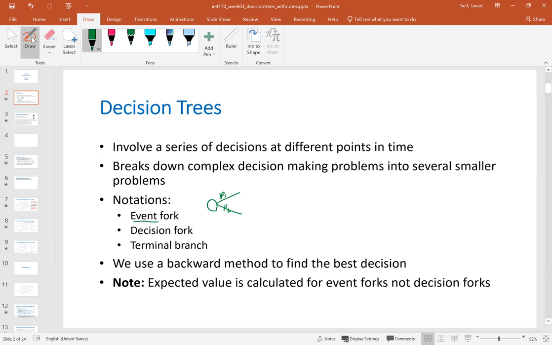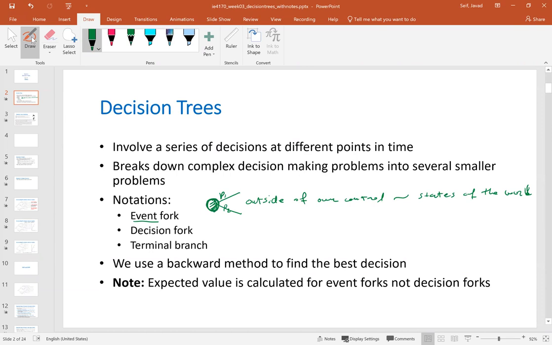These events are outside of our control, similar to states of the world, right? So don't forget that. We show this with circles.